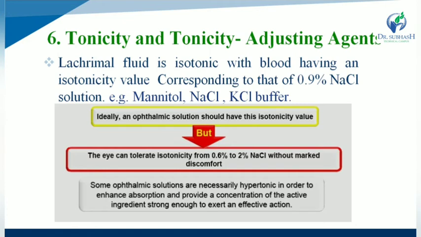Some ophthalmic solutions are necessarily prepared as hypertonic solutions, that is more than 0.9% NaCl, which enhances absorption and provides a concentration of active ingredients strong enough to exert an effective action. Examples of tonicity adjusting agents are mannitol, NaCl, KCl, and buffers.